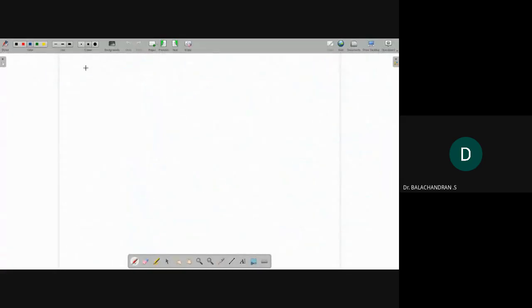I am going to next take type number 7. This is the last type in constant coefficient. So type 7, I can say, are those problems which do not come under type 1 to type 6.